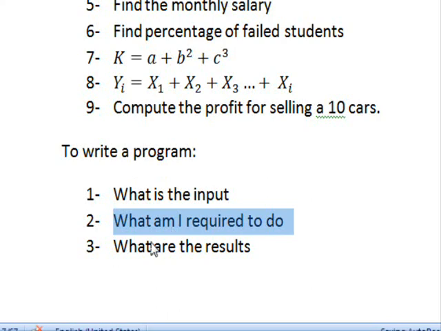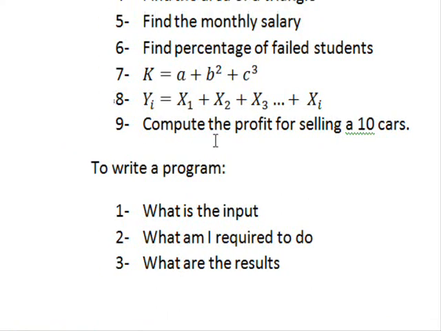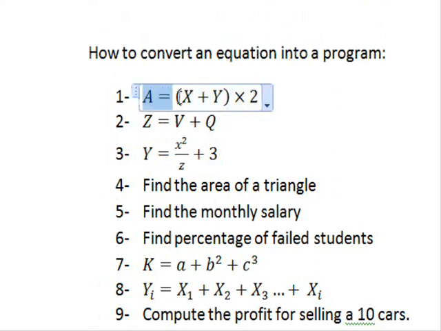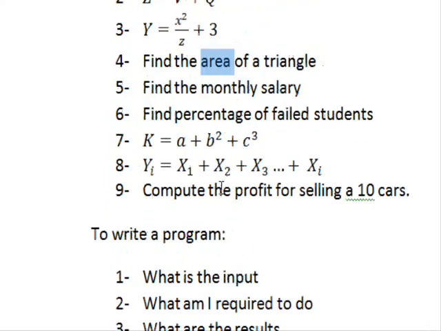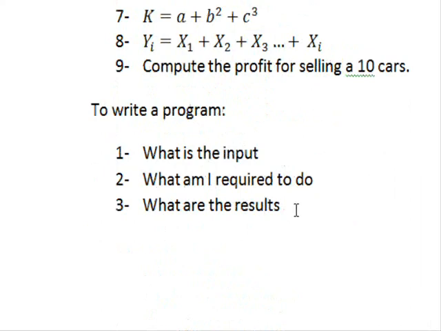Now, the last step, what are the results? What does that mean? So basically here I can calculate A, right? Or in this I can calculate Z, or I can, for example, calculate the area. What I mean here, what are the results? I mean here, what do I have to show to the end user?